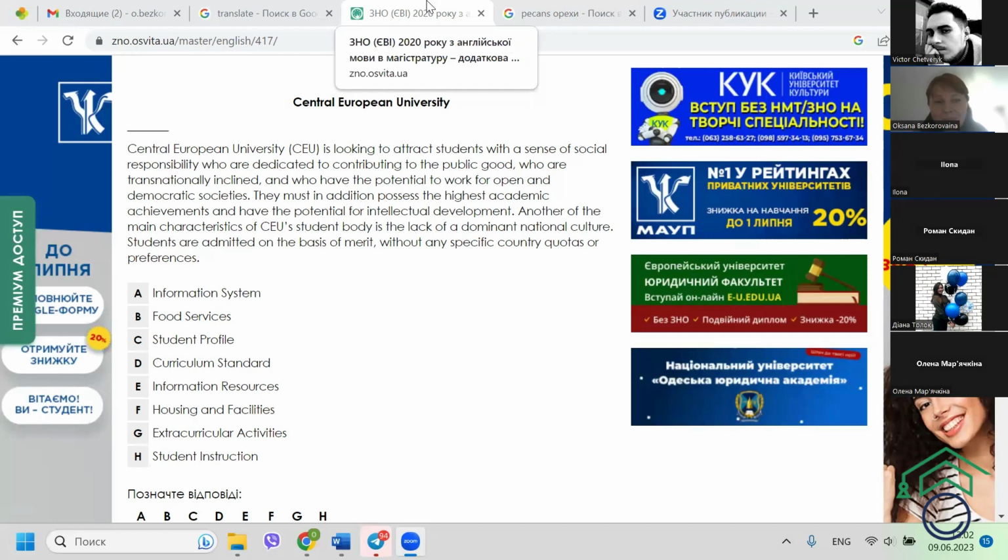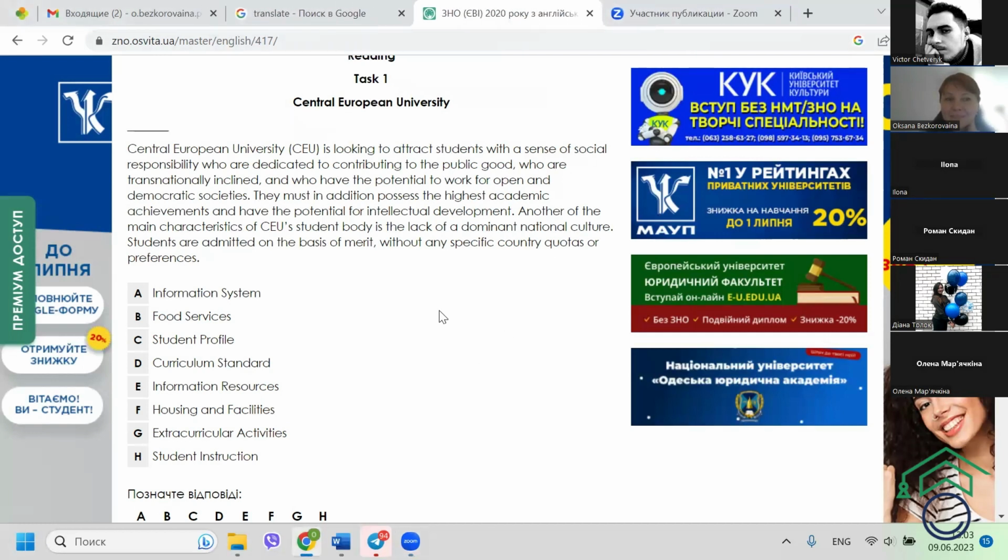Central European University is looking to attract students with a sense of social responsibility who are dedicated to contributing to the public good, who are transnationally inclined and who have the potential to work for open and democratic societies.